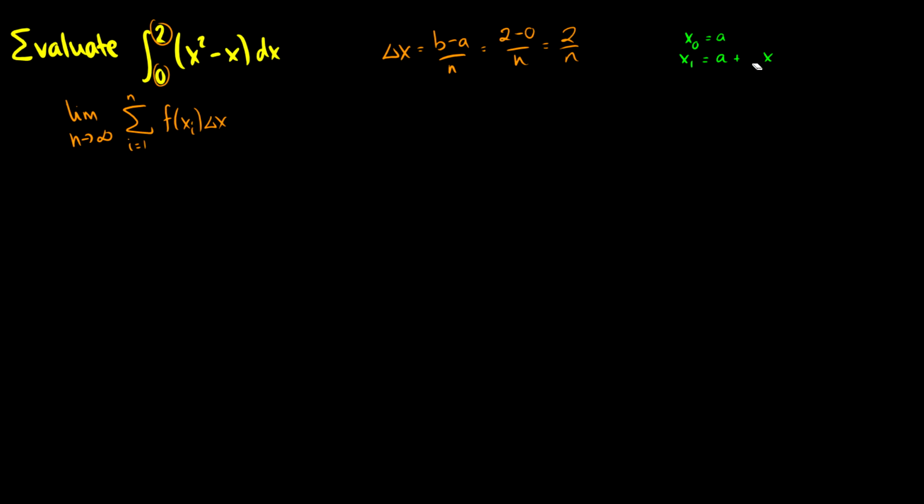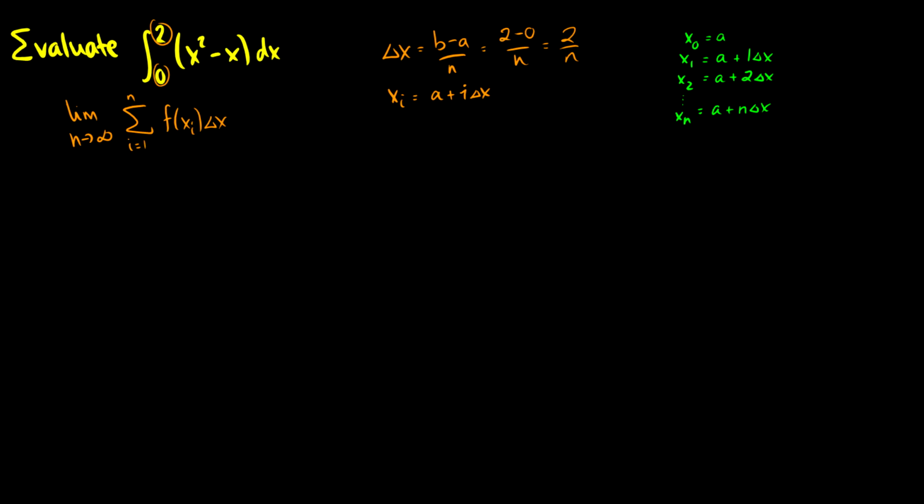To get to x2, we take a and then we add delta x twice to get to the point. So we go all the way up to xn by adding a plus n times delta x. What this means is that the general formula for xi is going to be a plus i times delta x.